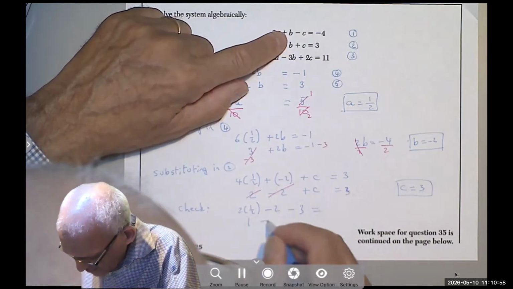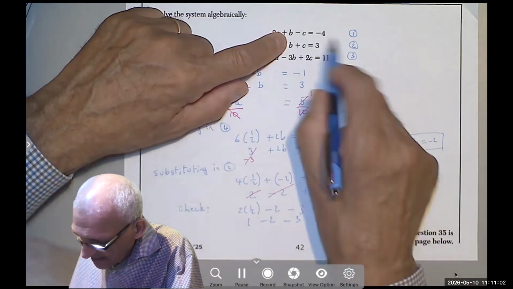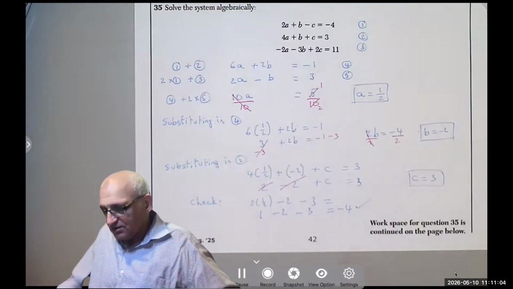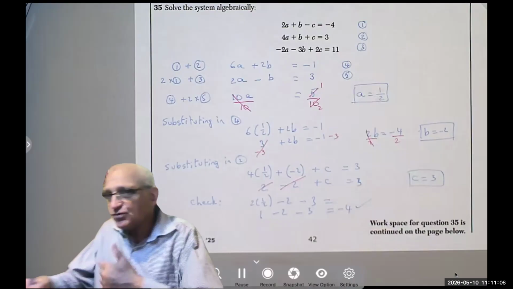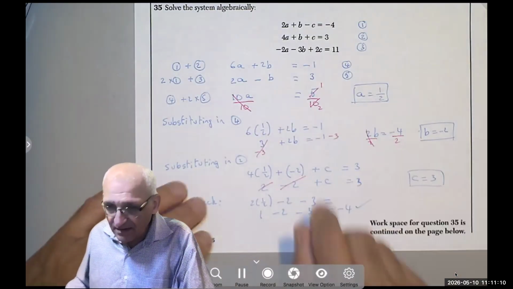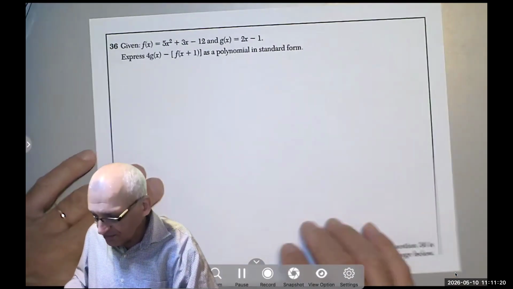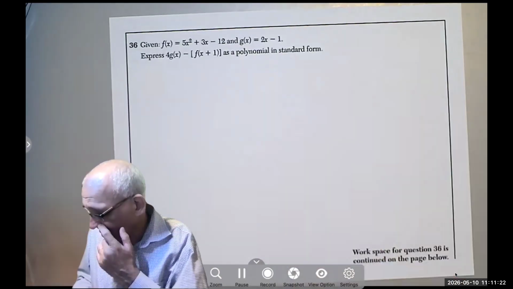This is 1 minus 2 is negative 1, minus 3 is negative 4, and this is negative 4, correct? You can do it also for the third, but if it works for 2, then definitely it's going to work for the third. And that is the third problem. See, we finished in less than 20 minutes. So that should be okay.